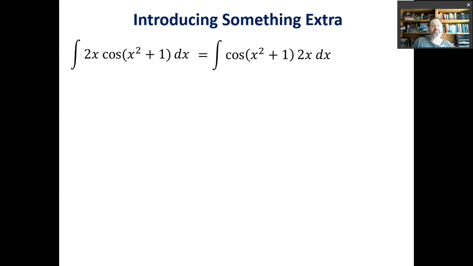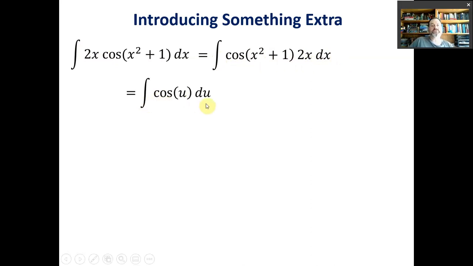In order to use that substitution, you want to rearrange it a little bit. You don't have to do this, but I think it's easier to see. Take the 2x and move it over here. Because we said u is x squared plus 1, when we do the substitution, this will be the integral of cosine of u. And then this 2x dx, we have a name for that. We called it du.